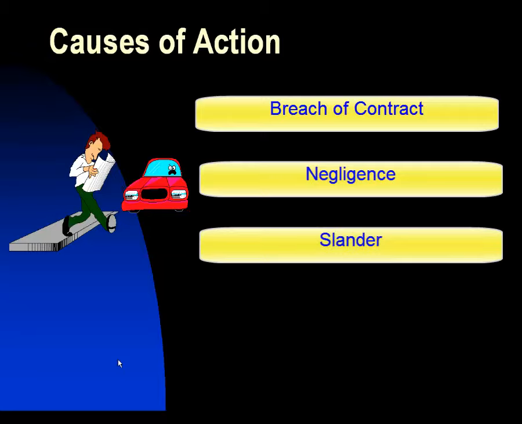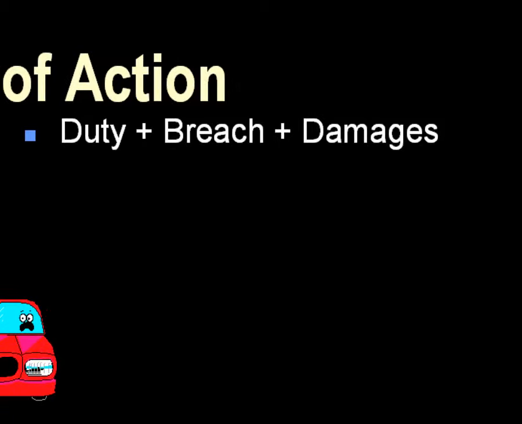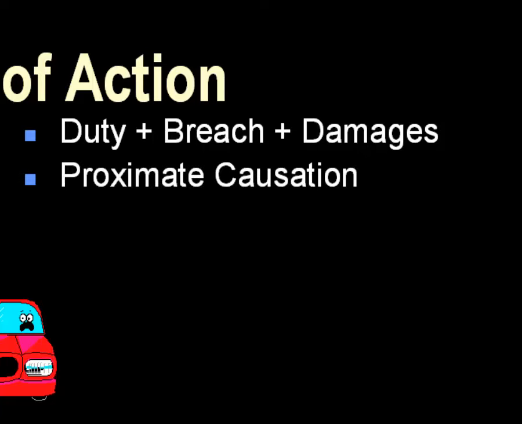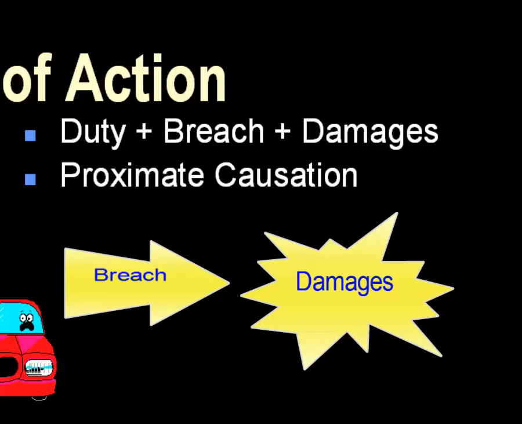Each of these is the right to sue where there was a duty, someone breached the duty, and the plaintiff suffered damages. There also has to be proximate or direct causation of those damages. Proximate is just a fancy word that says there's a close relationship between the damages and the breach, the cause of the damages being the causation.